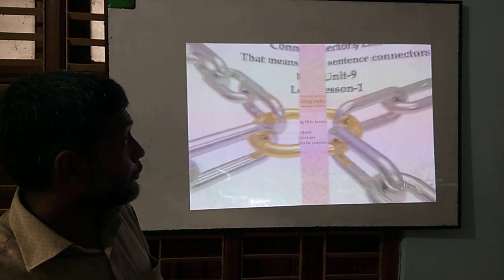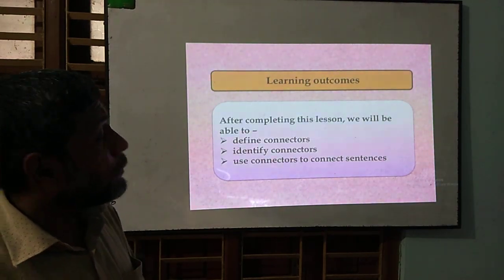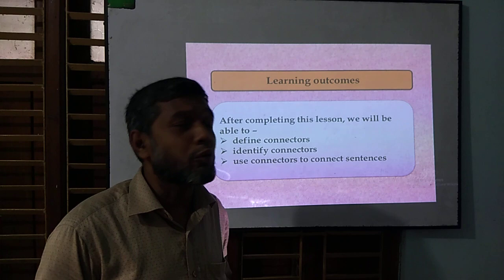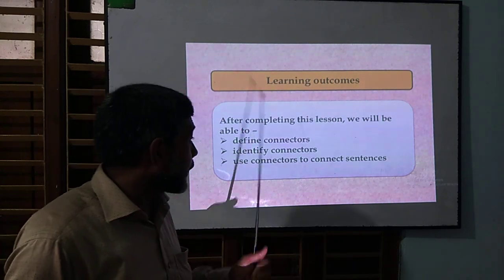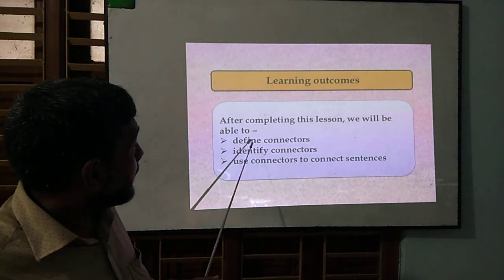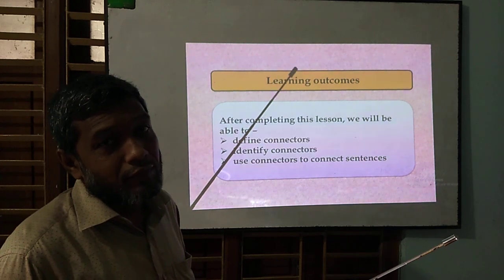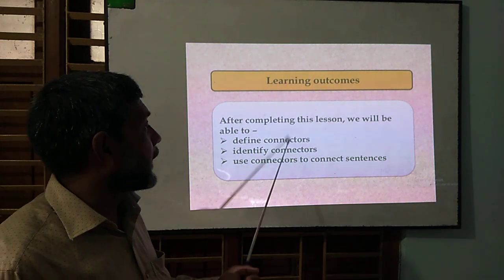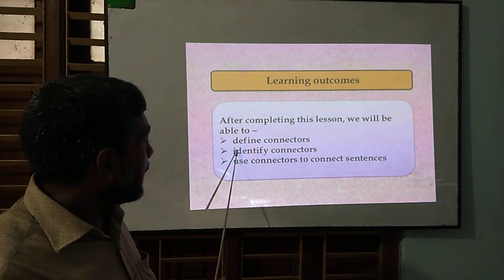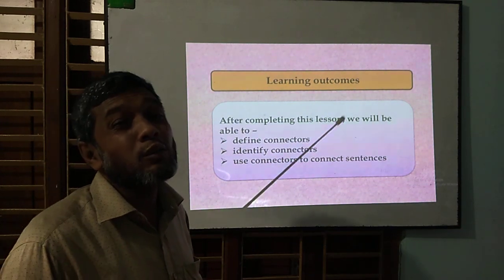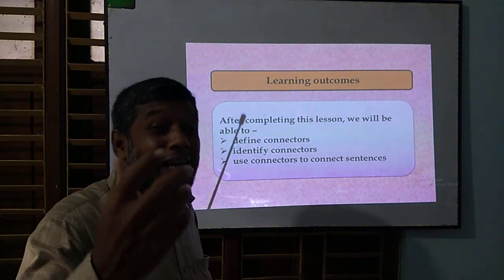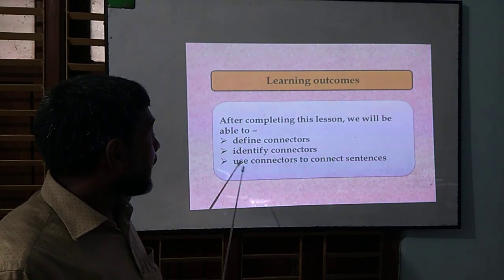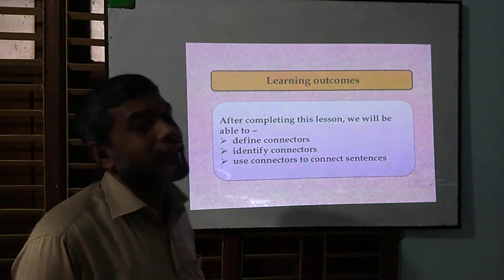So what will be our learning outcomes today, dear students? Today we are going to learn to define connectors. After finishing this class, you can define connectors very easily, and identify connectors. Which words are used as connectors, you can identify them, and use connectors to connect sentences.